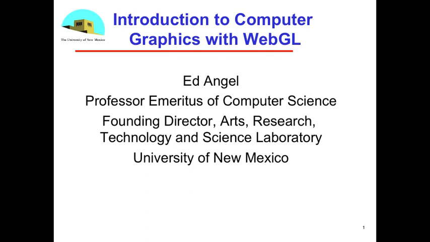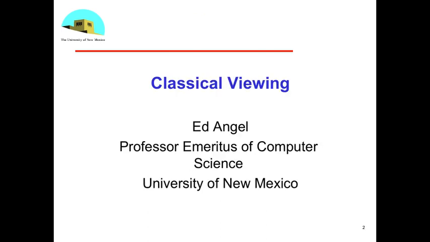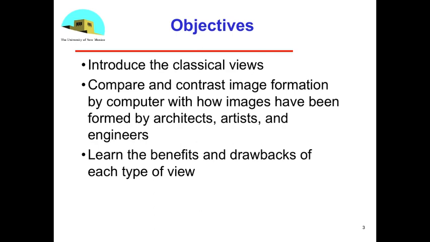But it helps to have a picture of what the classical views are, how they were obtained, if for nothing else, to appreciate what you might be asked to do to create a certain view, but also the kind of techniques that were created to create particular kinds of views, and how it's the same and different when we do it with computer graphics.